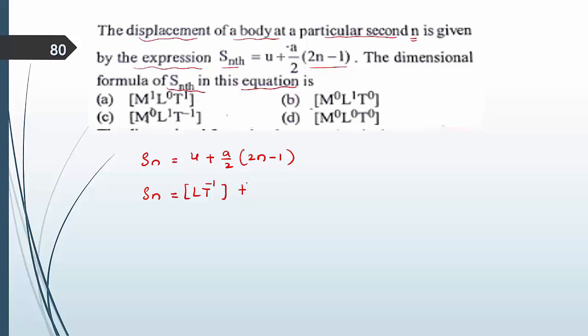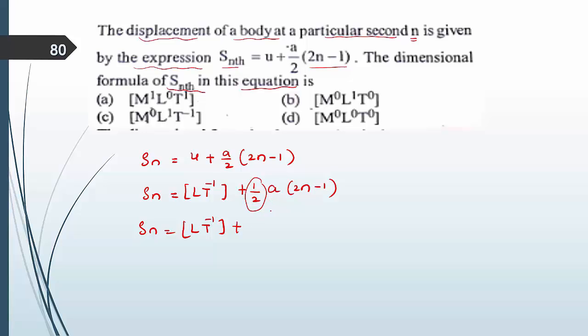So a is acceleration, or we can write 1 by 2 outside, remaining is a into 2n minus 1. Sn equal to L T raised to minus 1, keep as it is. 1 by 2 is a number, dimensionless, leave it. Plus a, the value of acceleration.